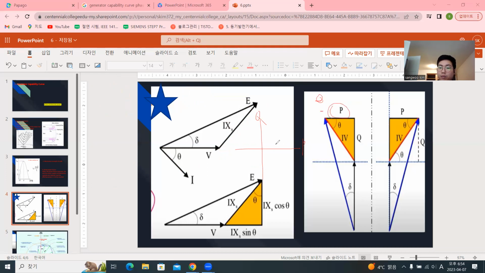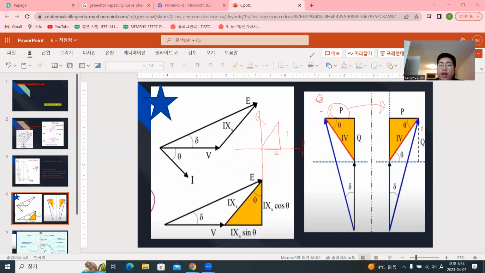We generally interpret it like here, so that's why we rotate it symmetrically. So we make P on the plus side, with P and Q.